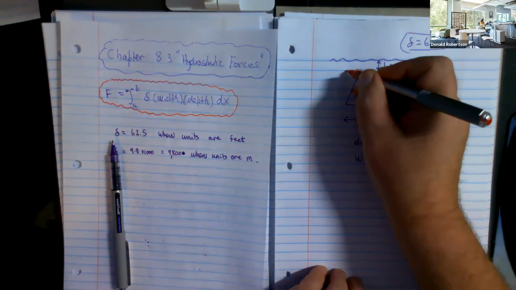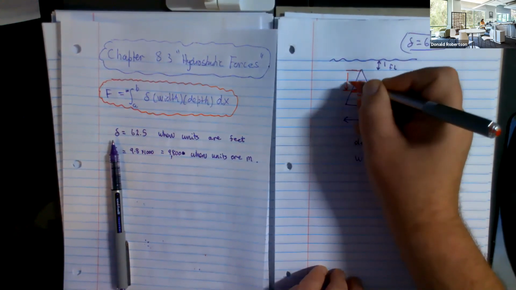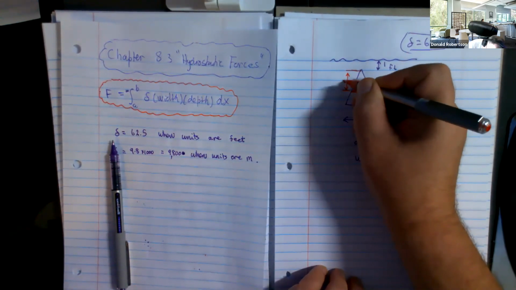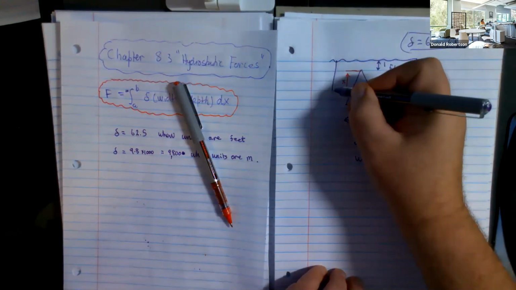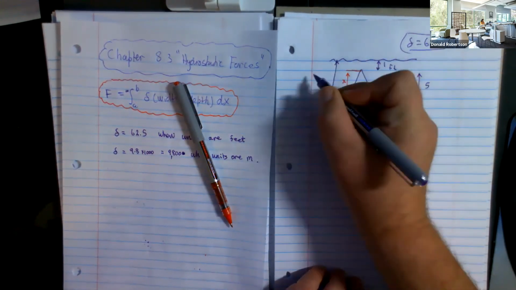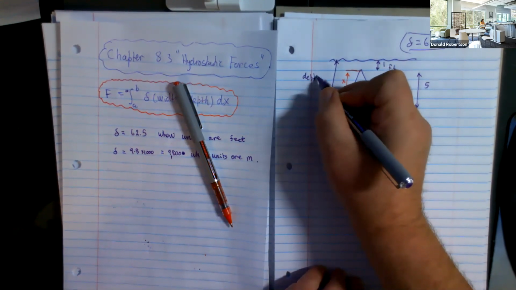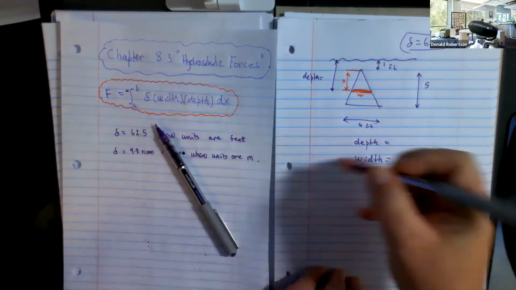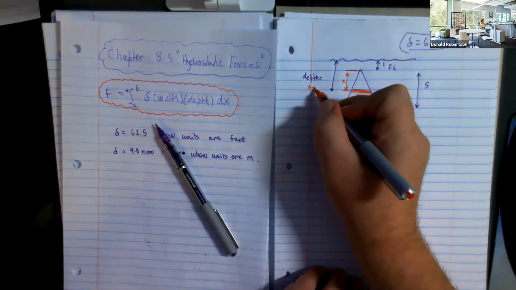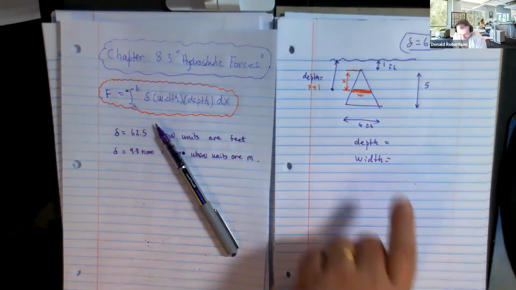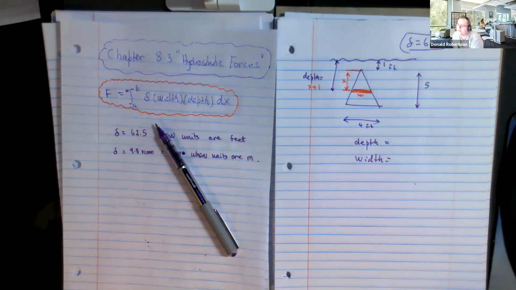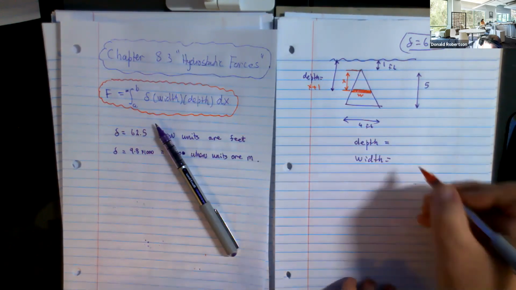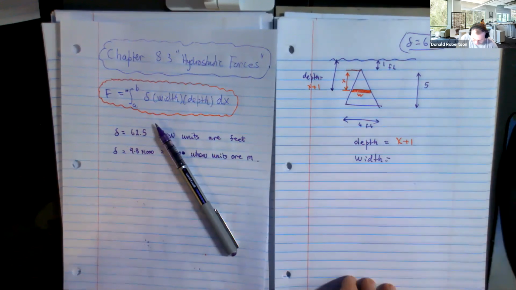This distance from the top of the shape is going to be called X. The depth is from the surface to the same place. Again, I hope it's becoming a little bit more common. Are you happy about 1 plus X is the depth? Which I call X plus 1 because it looks nicer.